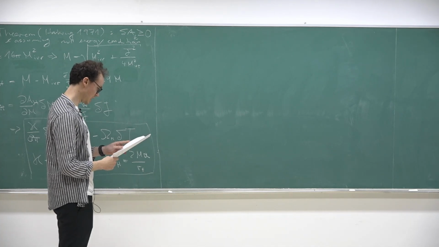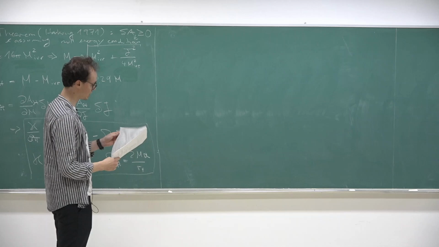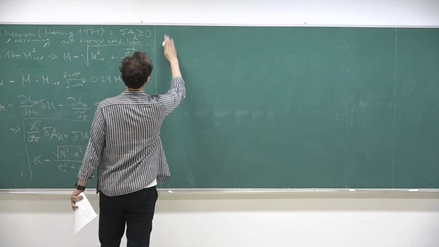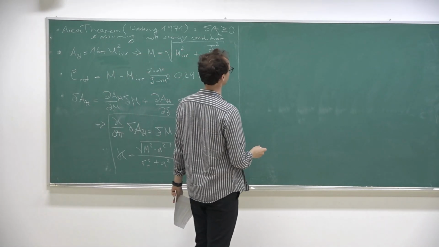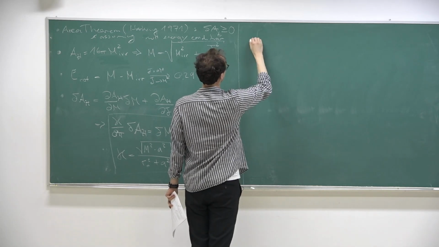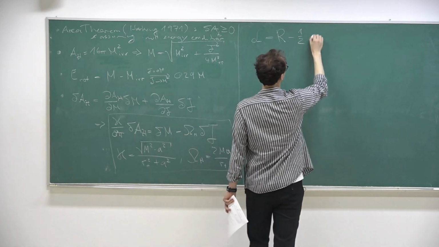So the way to understand the superradiance process is the following. I mentioned this will happen for orbital types of particles, but the simplest way would be a scalar field. So let's just look at the scalar field case, and let's look at the Lagrangian: R plus a scalar field.